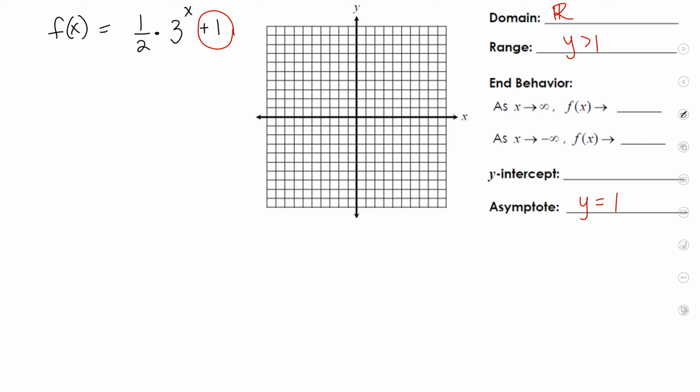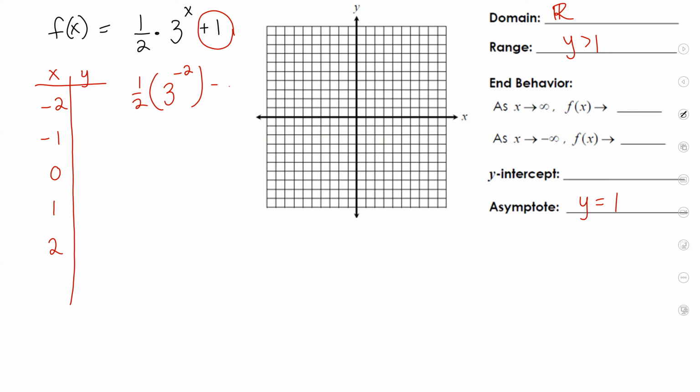All right, so let's go ahead and draw this. I'm gonna make a table like we did yesterday. All right, let's plug in some numbers. I'll plug in a -2, a -1, 0, 1, and 2. Let's plug in a -2. What would that be? I'll plug it in. 3 to the -2. Then we want half of it and then add 1.